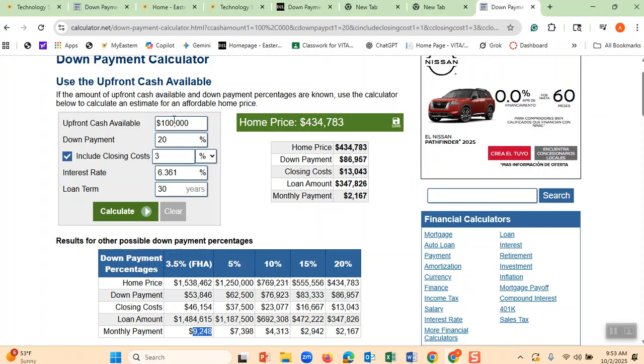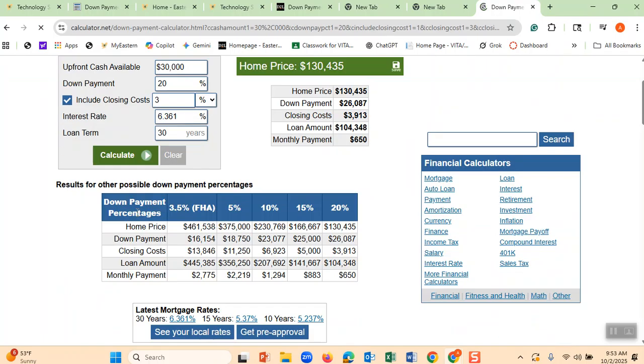Now, you can think about it. Let's say you think about it as yourself. Let's say you have about $30,000 down, a down payment, cash available, and you want to buy a house. You want to know with this $30,000, how much of a loan is going to get you.